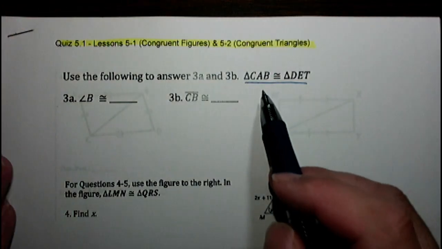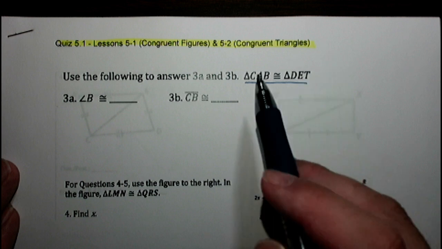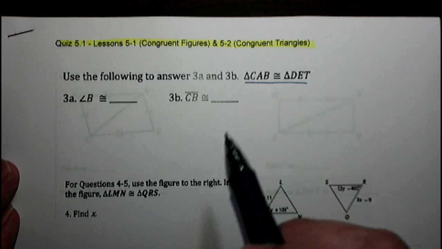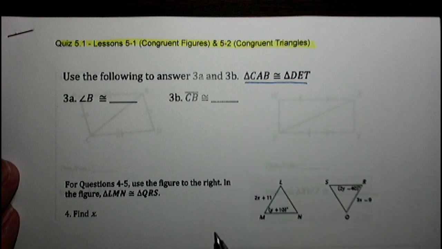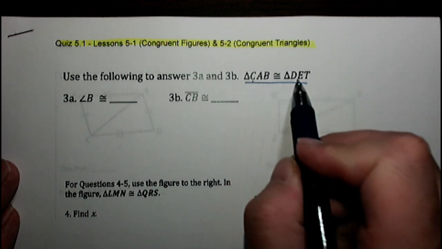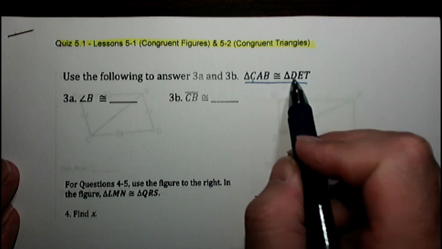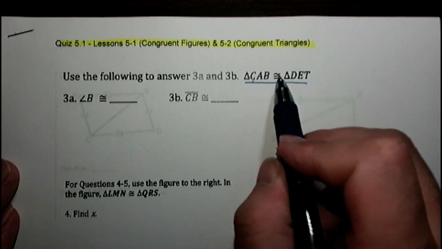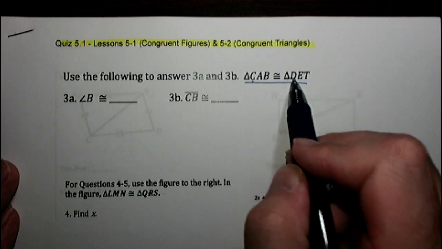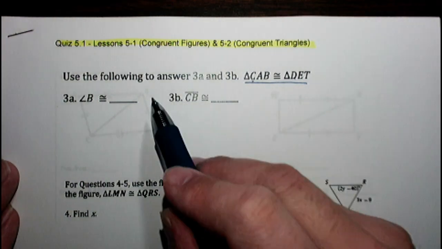So, since these two triangles are congruent, then the corresponding parts of the two triangles are congruent. For instance, since C is the first letter of this triangle, then it's congruent to the first letter of the other triangle. So C and D are congruent by CPCTC.